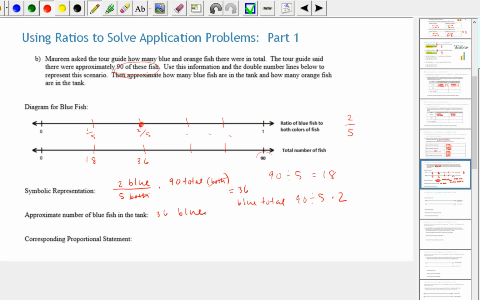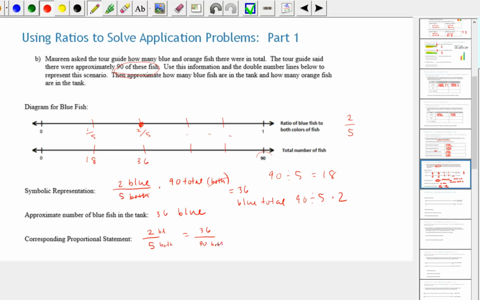And then the corresponding proportional statement. Since it is proportional reasoning, even though we're not cross multiplying, I wanted to include the statements in here to get them to connect this idea. So remember, a proportion is a statement that 2 ratios are equal. And our ratio is 2 to 5, this is blue, this is both, is equal to 36 blue total over 90 total.